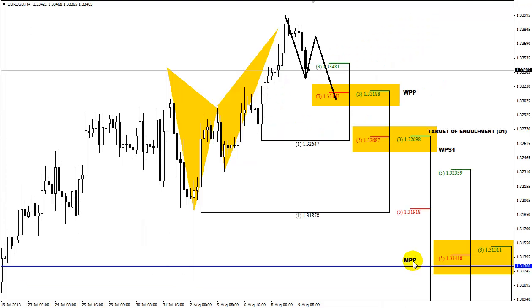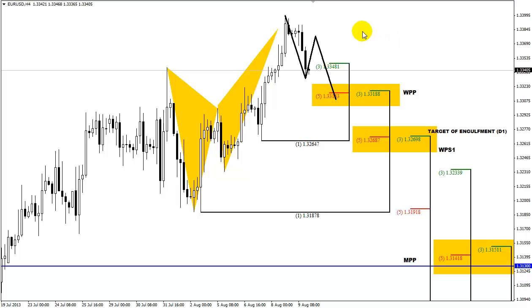And now this chart, which is in my opinion the most important of this analysis, because here we can understand the levels that are most important for the short term on euro-dollar.